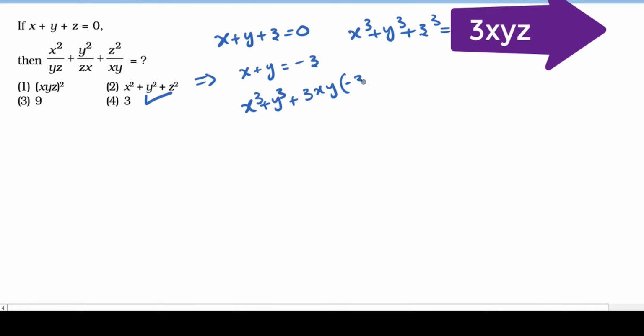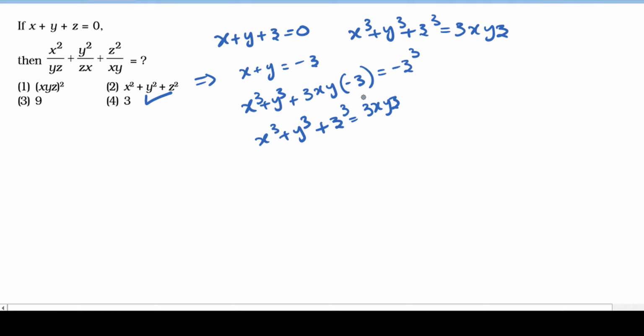And x plus y is minus z, and minus z whole cube is minus z cube, and z comes here, then it becomes x cube plus y cube plus z cube is equal to 3xyz. Sorry, why did I write abc? I'm extremely sorry, xyz. Okay, so that is the derivation.